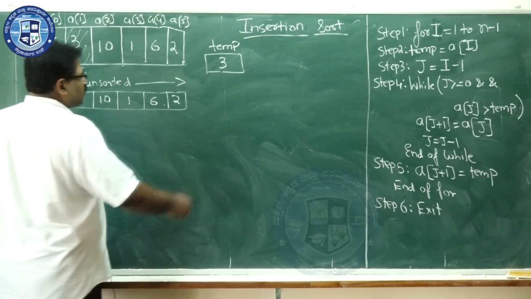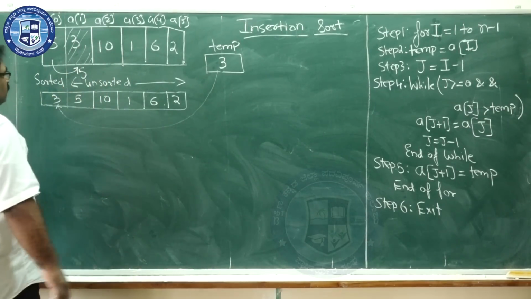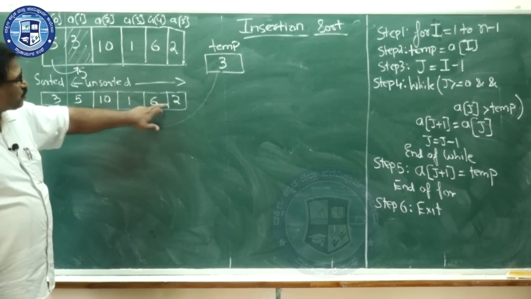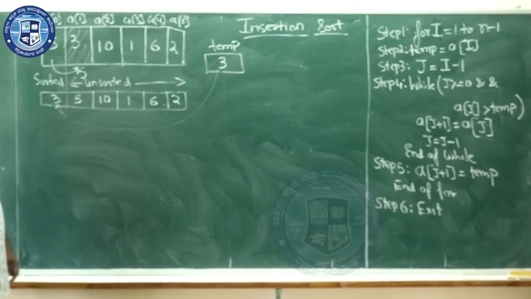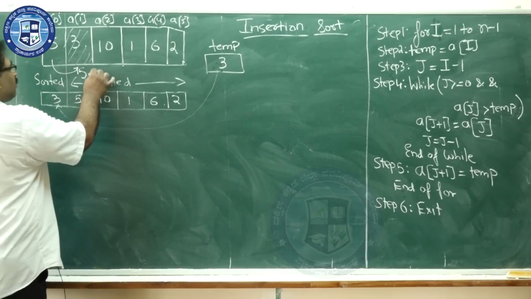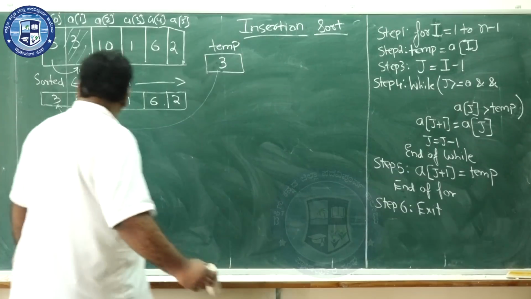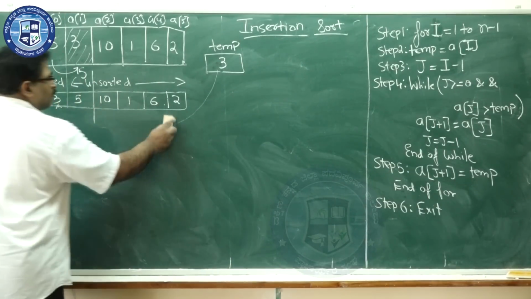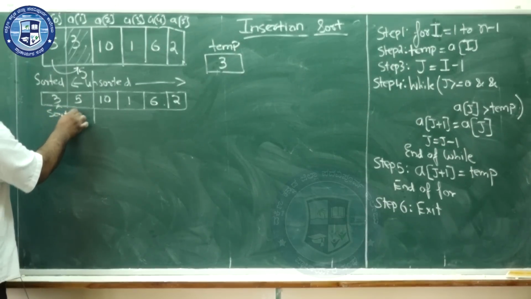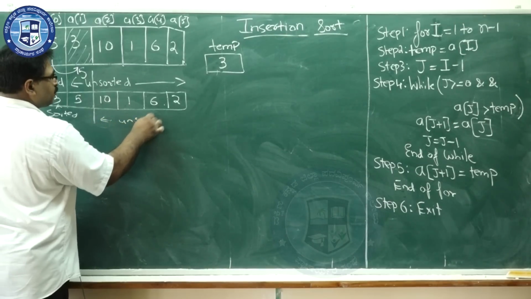Now what I do here is, I transfer temp over here. So the value is now 3, 5, 10, 1, 6, 2. Right? Now what I have here is, the first part is sorted, these two values, and these are unsorted.